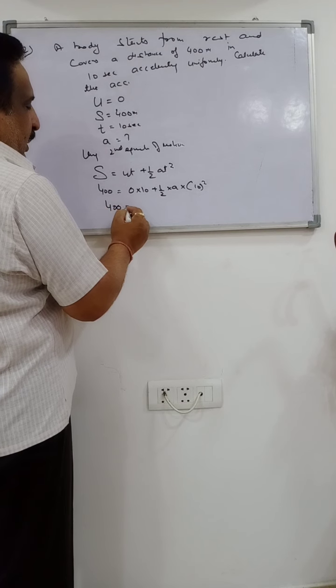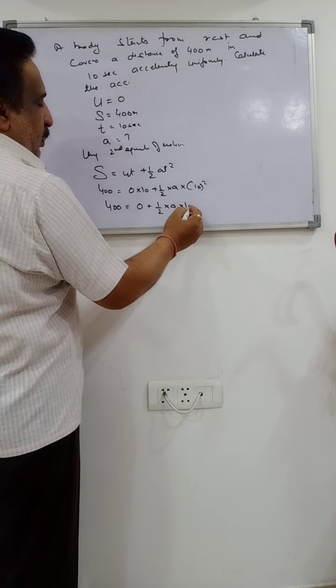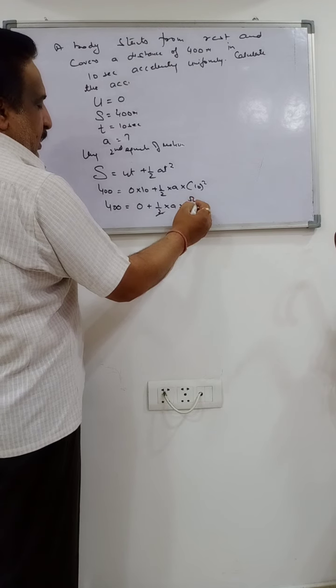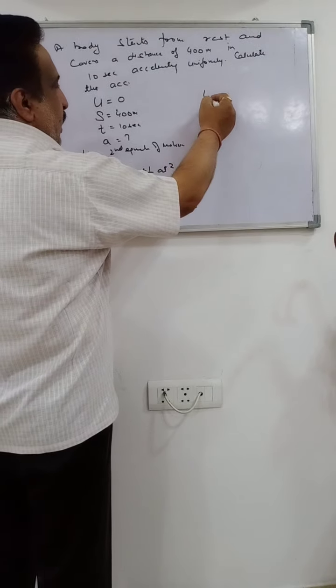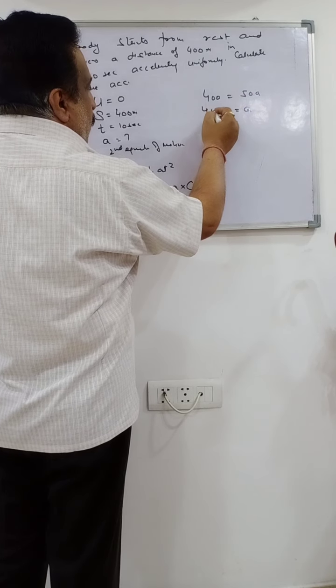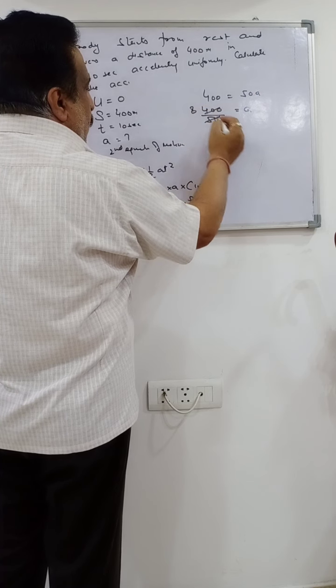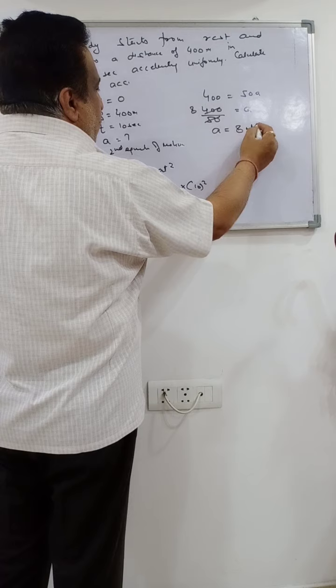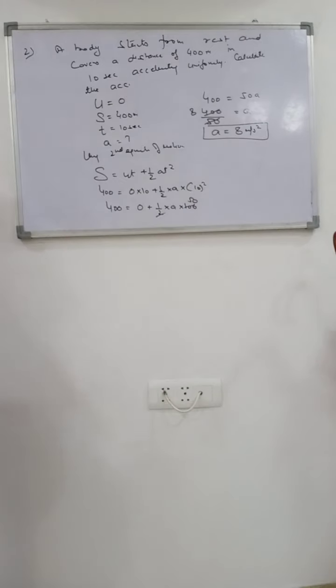So 400 is equal to 0 plus half into A into 100. The 2 cancels, so you come out to be 50A. 400 is equal to 50A. A is equal to 400 by 50. So A is equal to 8 meter per second square.